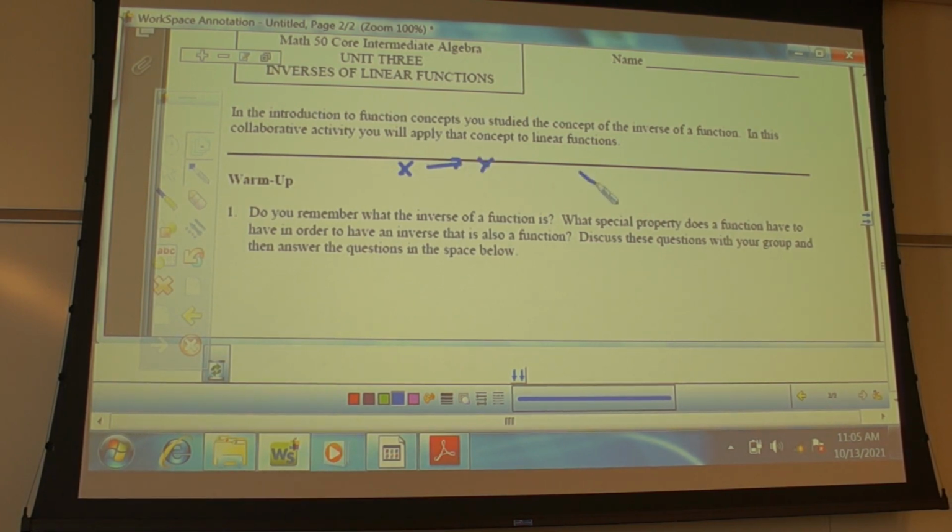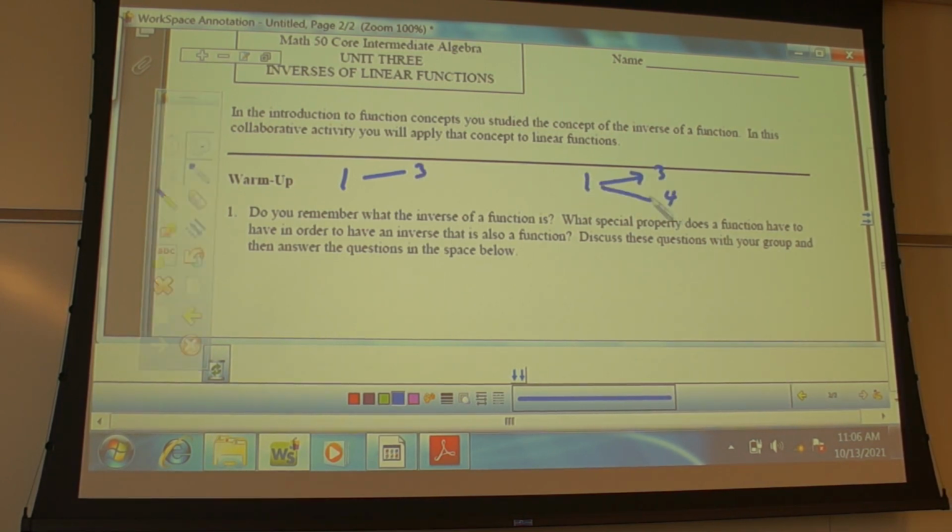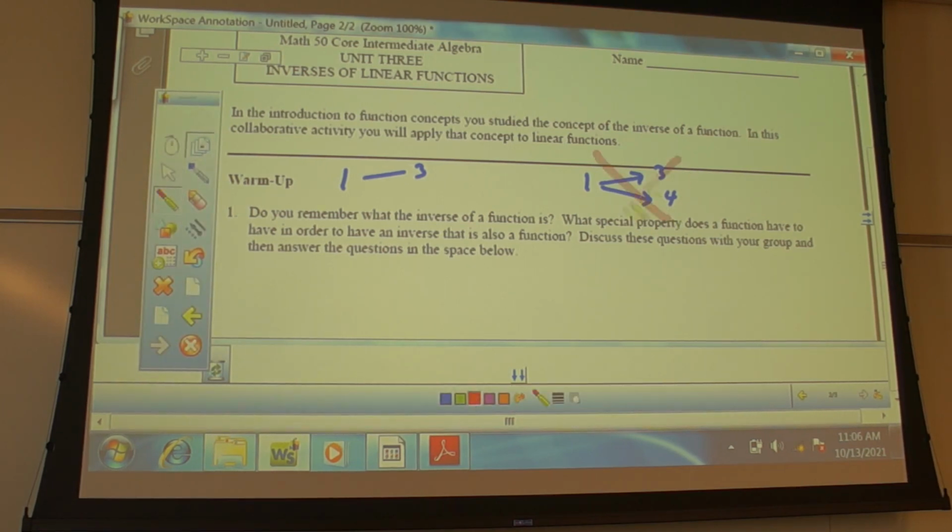It can't go to 2 possible y's, right? It can't have 2 possible answers. Here I'll give you something concrete. And so 1 only goes to 3. 1 can't go to 3 or to 4. That's not a function. Yeah, everybody remember that part?